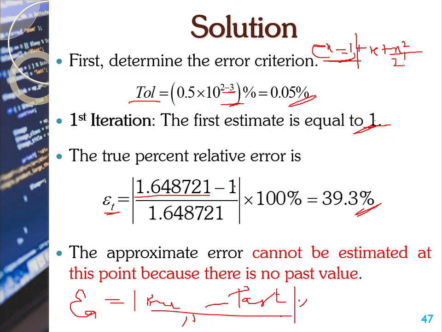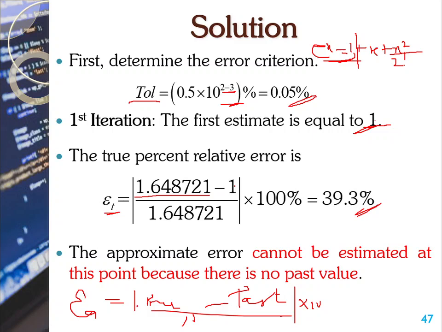But if you look at what we have here, we do have a present approximation, but we do not have a past approximation. So for this first iteration, we cannot estimate our error based on the approximated value, but we could do this in the next iteration.